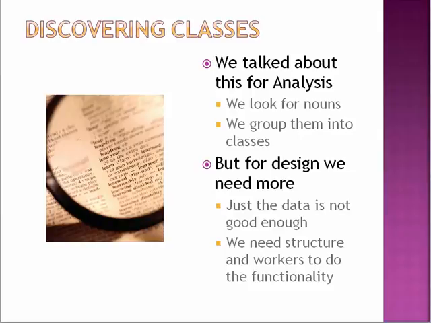Now, the way we find classes is what we talked about when we did some of the analysis work earlier on. We look for nouns. We group them up in interesting ways to look for classes. In design, though, we need to get more detailed. Just knowing the high-level data isn't enough. We need to start structuring it around how do we solve the problem.